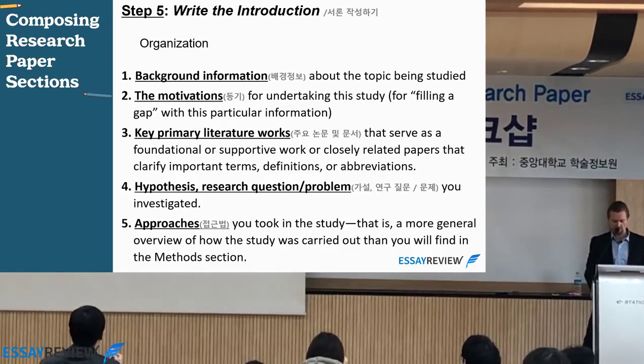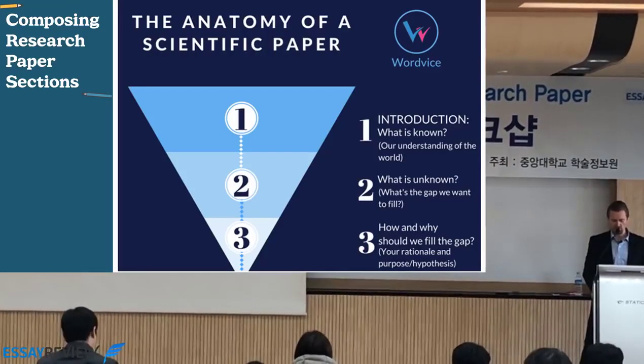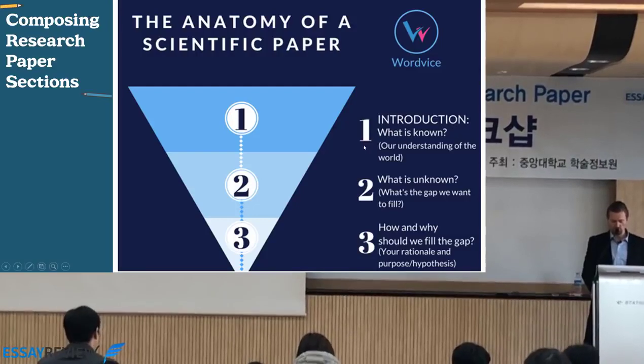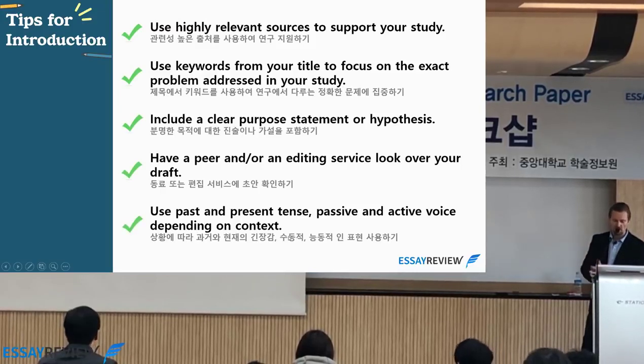So let's look at our chart again. We have this upside down pyramid shape. We start with what is known, our understanding of the world. What is unknown, and how do we fill it, our hypothesis. We'll just look at a few of these. So you want to make sure to only use highly relevant sources. Only use the sources that are closely related to your study, right?